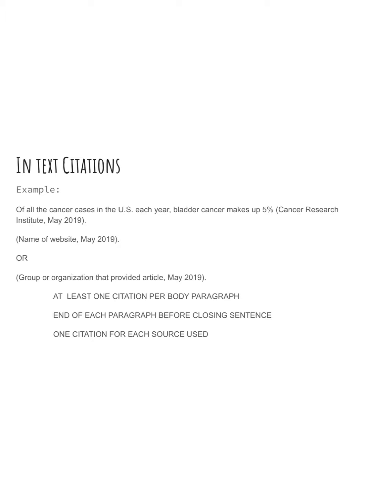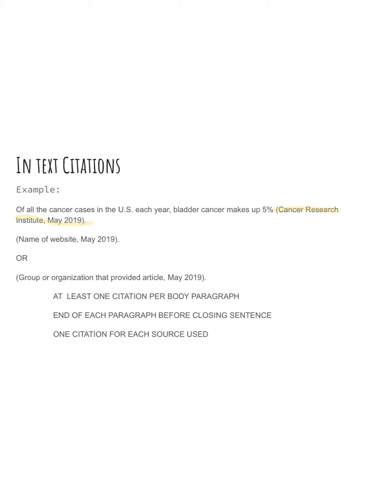So for example, let's say I found online, of all the cancer cases in the U.S. each year, bladder cancer makes up 5%. In parentheses, you will see, let's see if I can get my highlighter going. In parentheses, you will see right here, that is my in-text citation. I found that at Cancer Research Institute. I have a comma, and then I have the month and the year that I found the information.